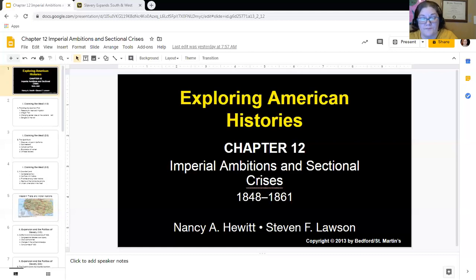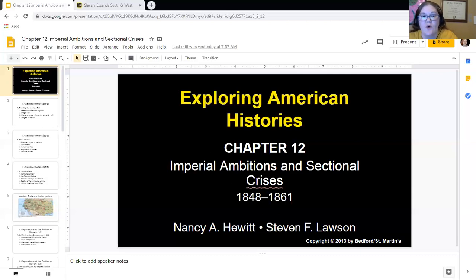One of the important decisions that was reached after the Constitution was agreed upon was that this very delicate balance of power would be in place, and we would have the same number of slave states and the same number of free states, and this would keep Congress equally balanced so that the southern states as well as the northern states were equally powerful and did not lose any control in Congress.